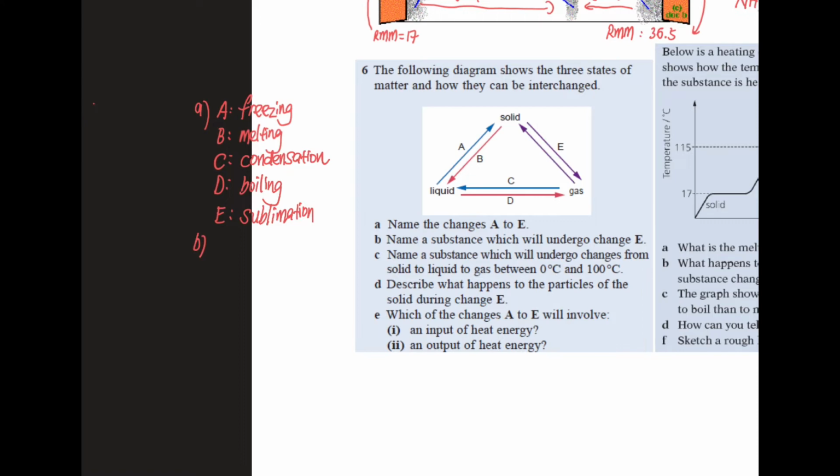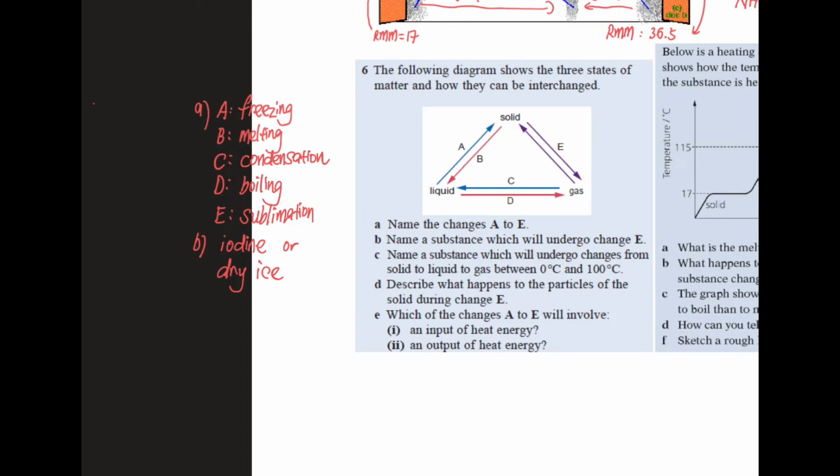Okay, now let's see part B. They say name a substance which will undergo change E. Do you still remember any example? Sublimation. Naphthalene. Okay, it's fine. The best answer you put is iodine or dry ice.